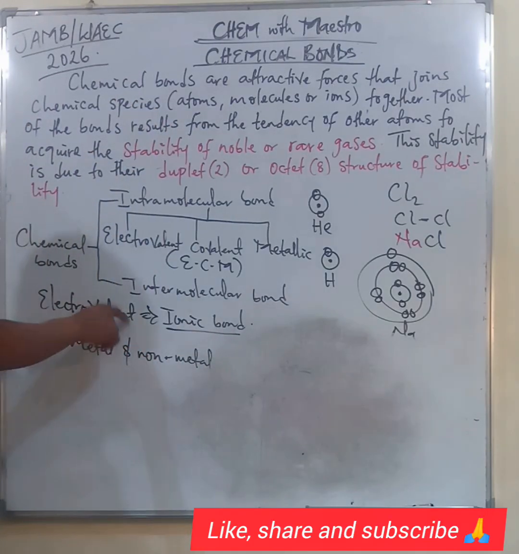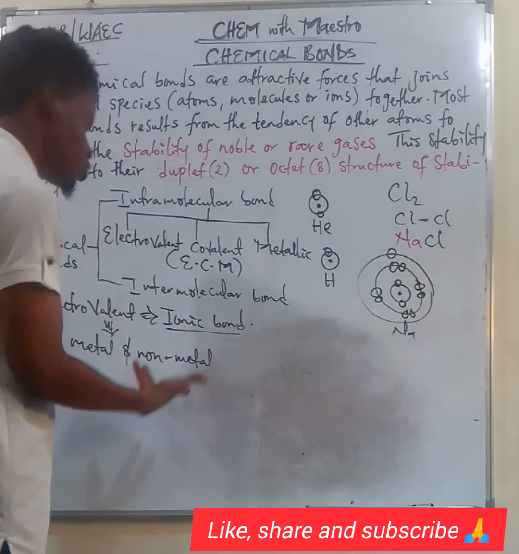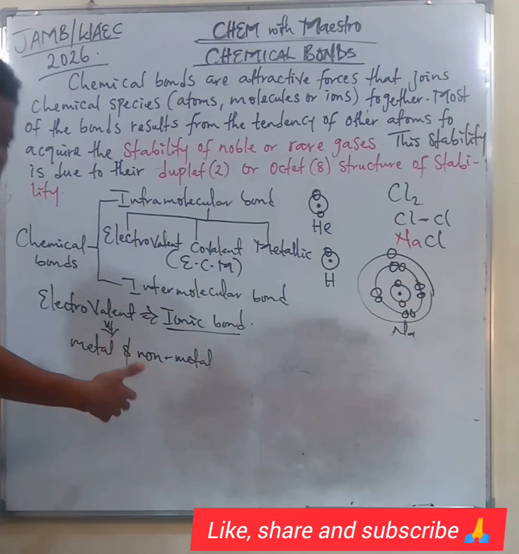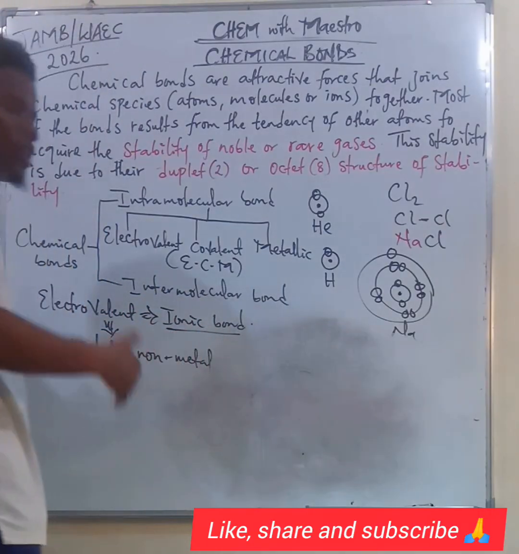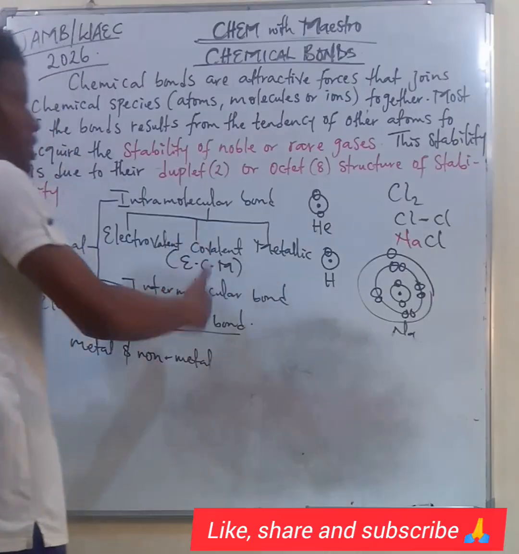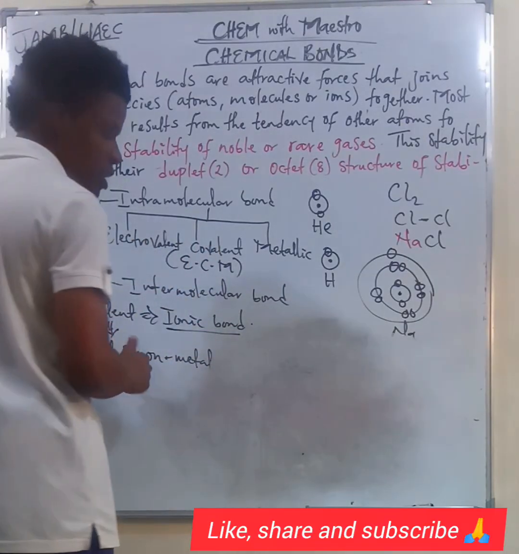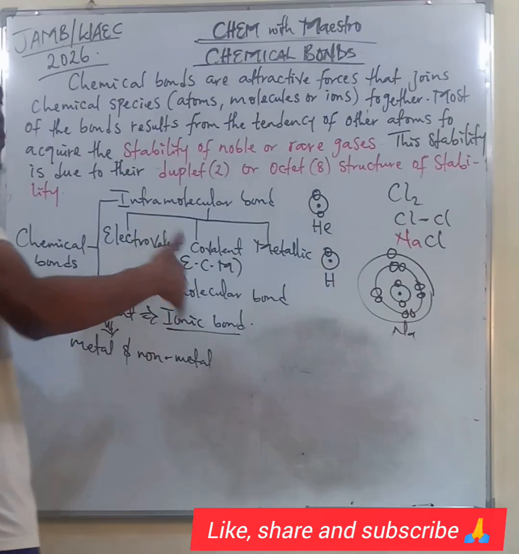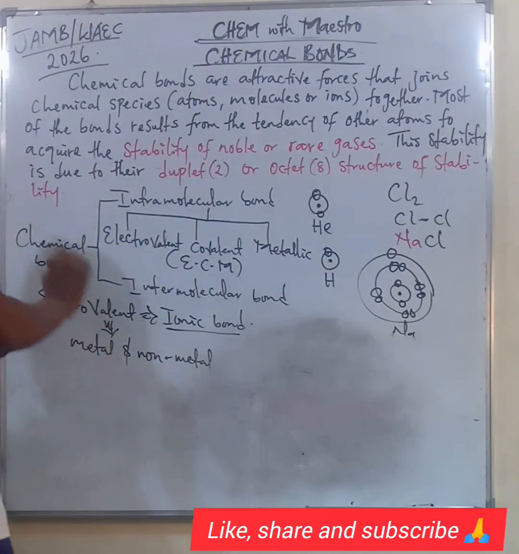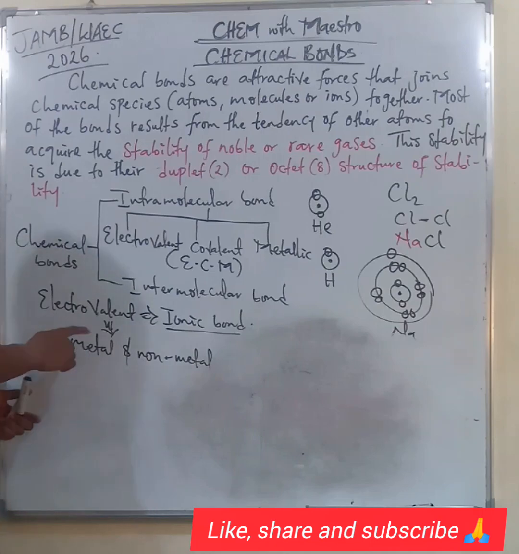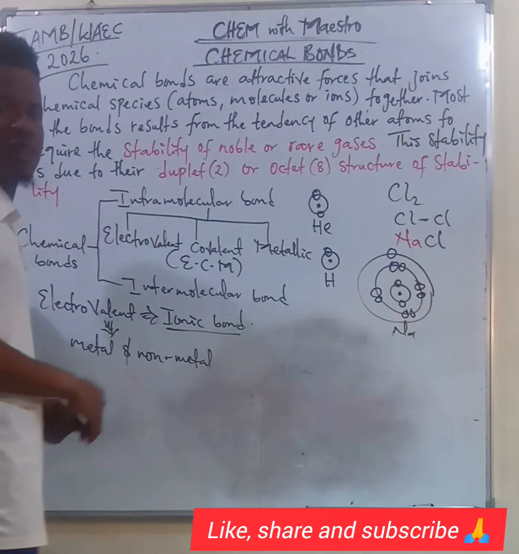It is electrovalent bond, also called ionic bond. Alright, aka means also known as. So electrovalent bond is also known as ionic bond, and it is a bond formed between a metal and a non-metal.